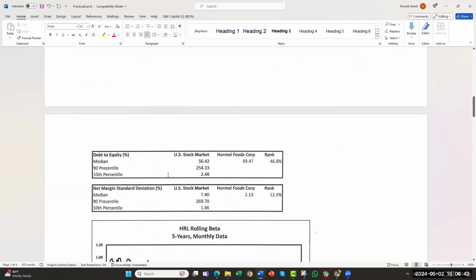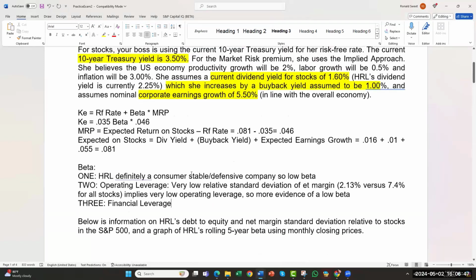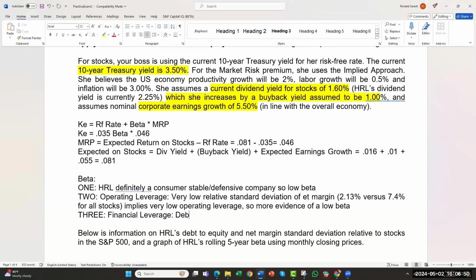Going down, look here, their financial leverage is a little bit below average. Debt to equity is slightly below typical stock, so no impact on beta.